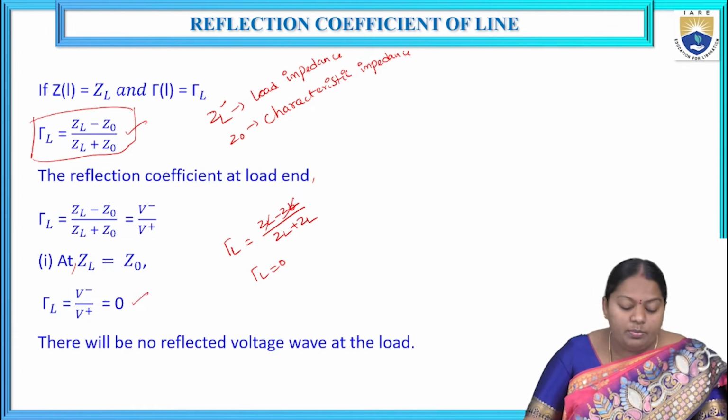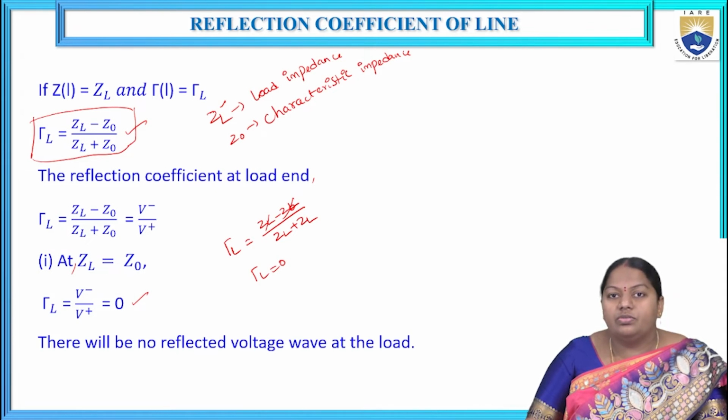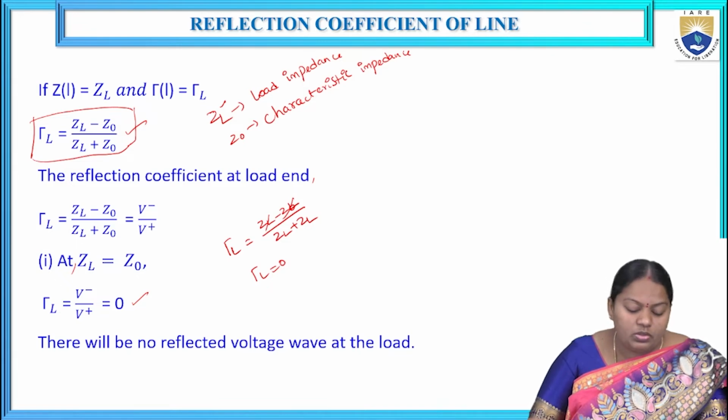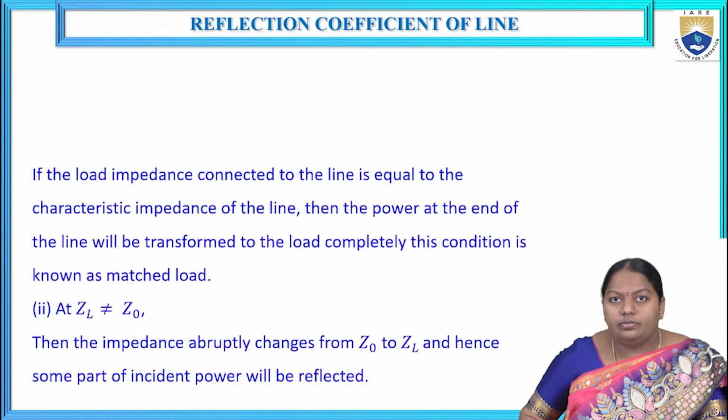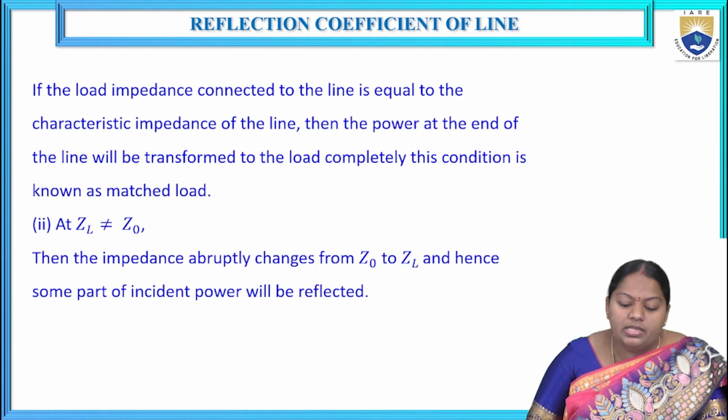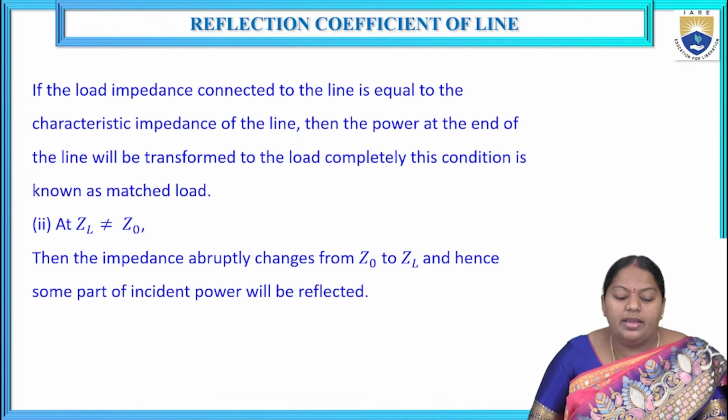If the load impedance of a transmission line is equal to the characteristic impedance of the line, then no reflection occurs, so there will be no reflected voltage at the load. The power at the end of the line will be transferred to the load completely, and this condition is said to be a matched load.